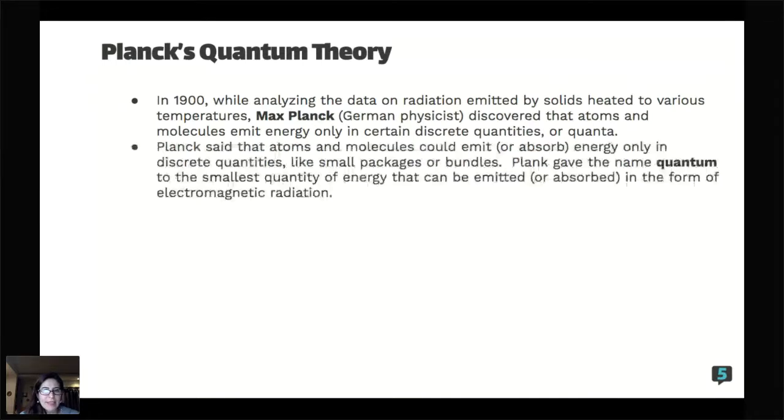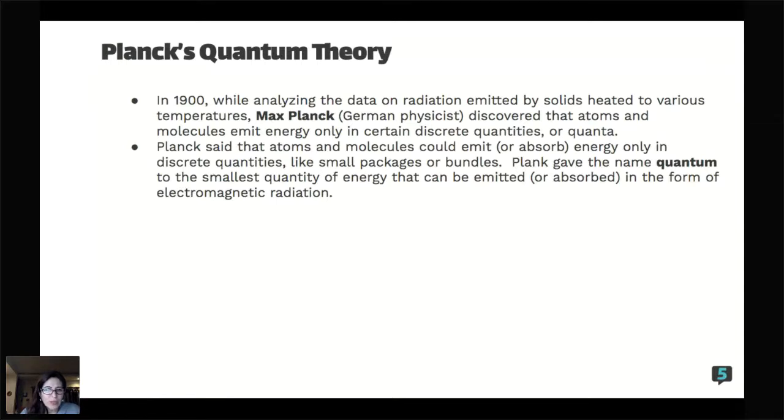He said that atoms and molecules could emit or absorb energy only in discrete quantities, like small packages or bundles. Planck gave the name quantum to the smallest quantity of energy that could be emitted or absorbed in the form of electromagnetic radiation.